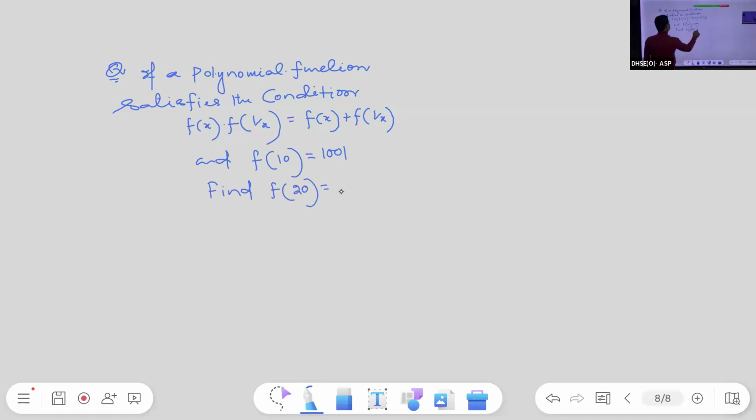If f of 10 is equal to 1001, then find f of 20. Solve it and send me the answer. Write the answer in the chat box.